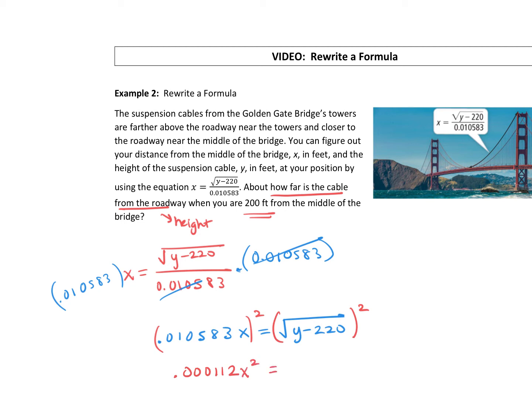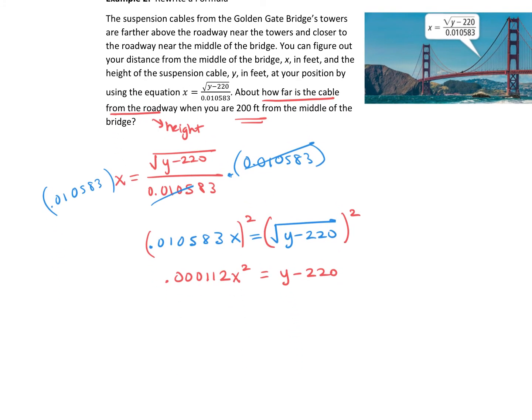On the right side, the square cancels out the square root, leaving us with y minus 220. And then our last step in rewriting this formula for y is we're going to add 220 to both sides. That's going to leave us with the y alone on this side.